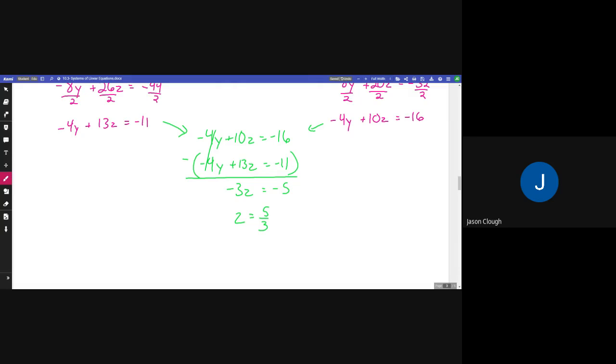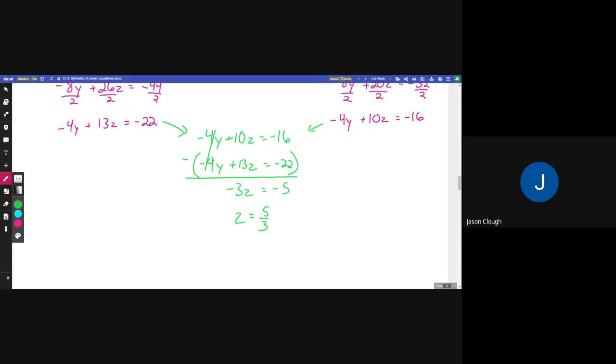Oh, I see where I made a mistake, because that doesn't make any sense. I did my division over here wrong, so this should have been negative 22. 44 divided by 2 is 22, not 11, which means this is negative 22.